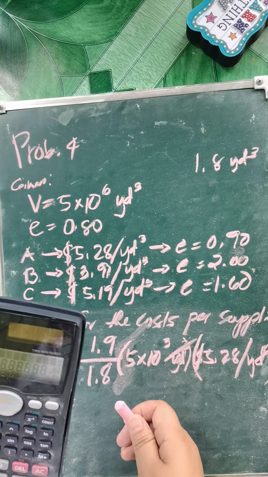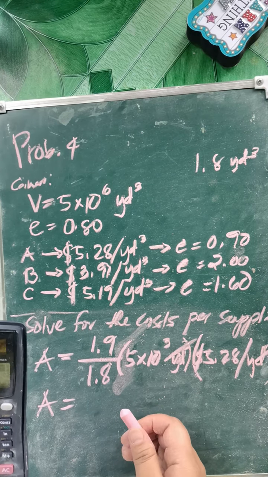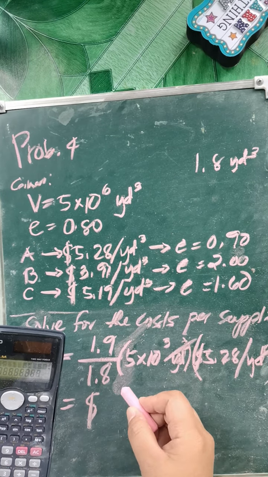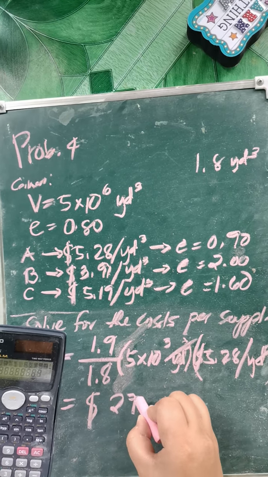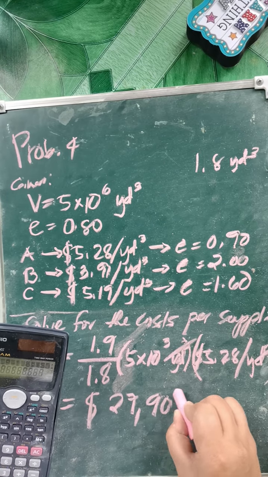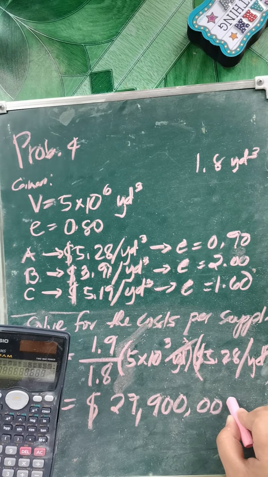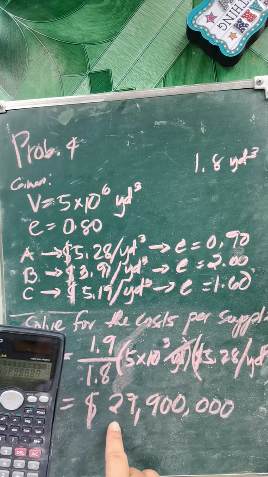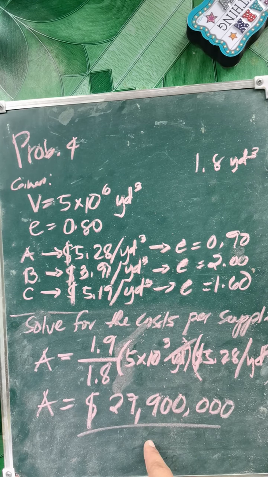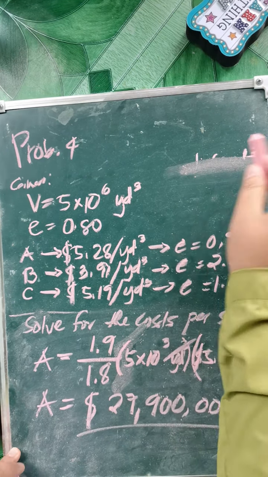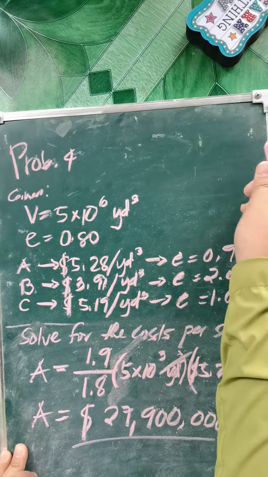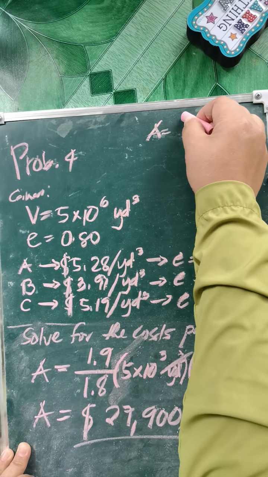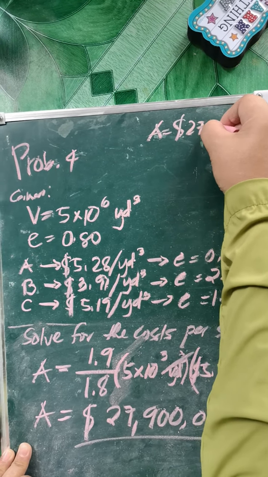Let's round it up to the whole number. So we will have a price of $27,900,000. So this is for A. Let's set this value aside.